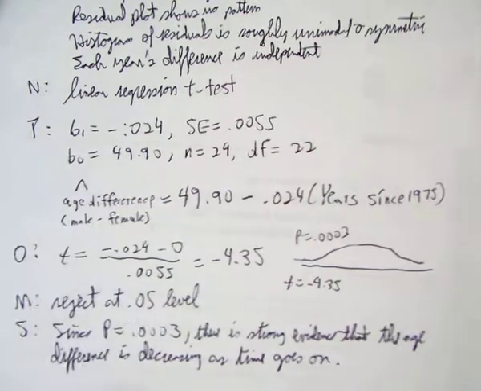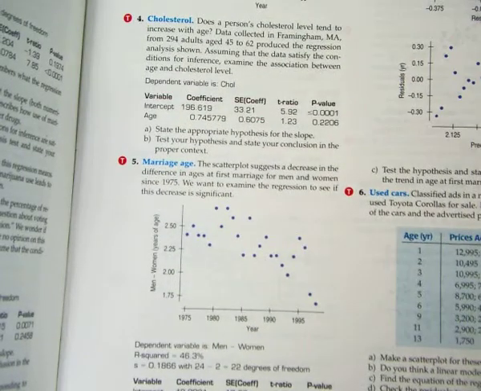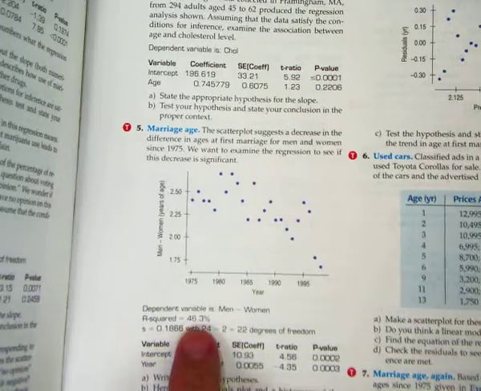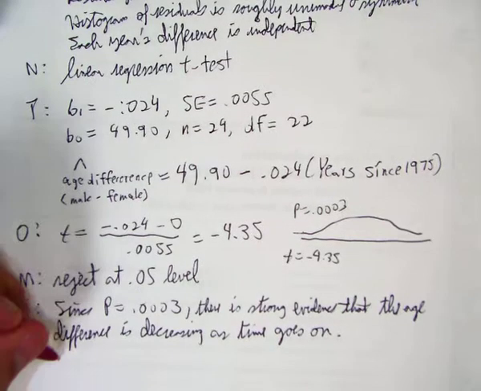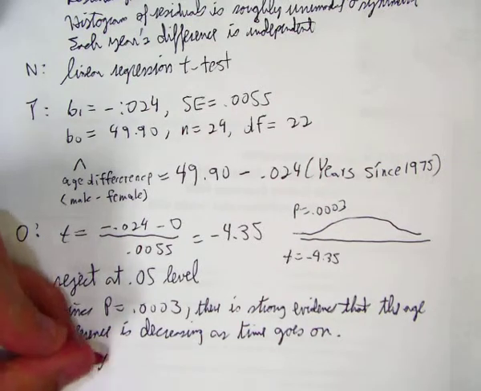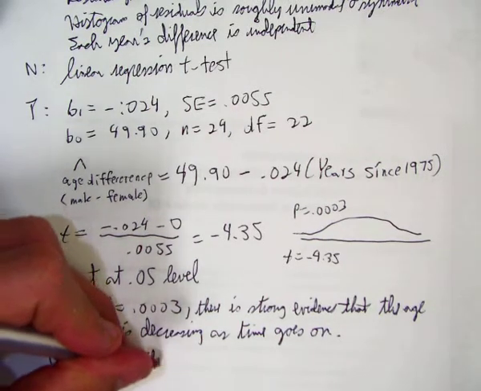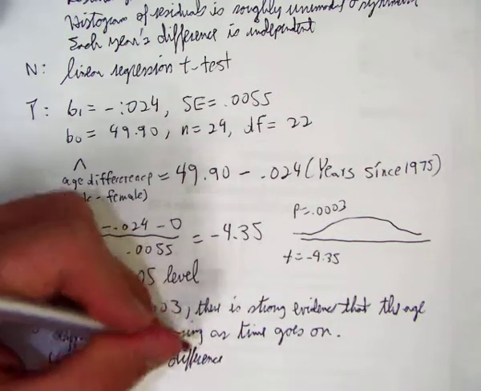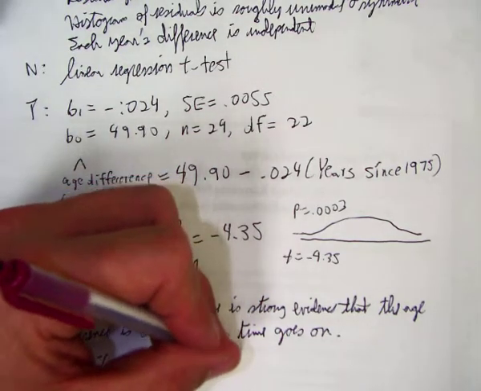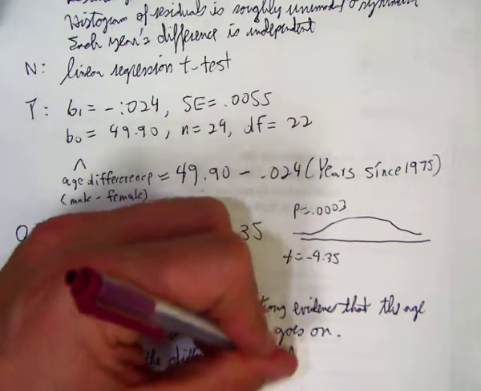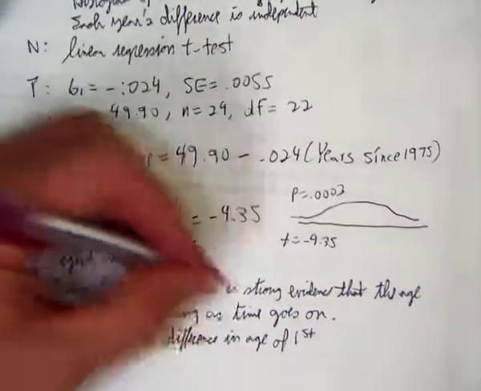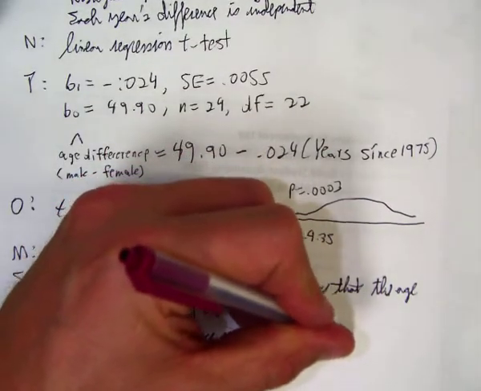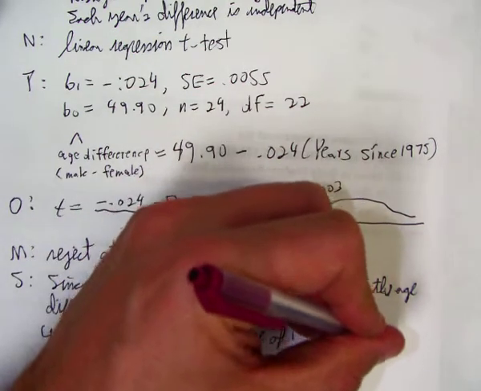And then I always like to refer to R squared. So R squared is right up here. So I'm going to talk about the variation. So 46.3% of the age difference in age of first marriage is explained.